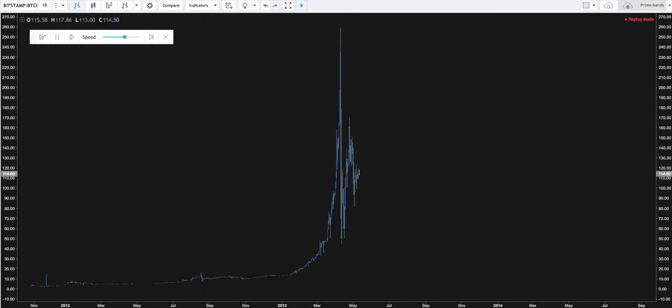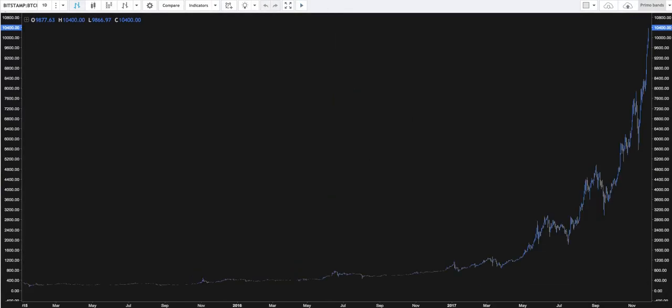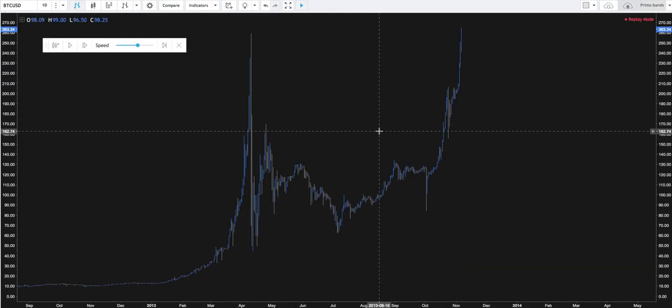Okay, so we're going to go to example number two. Example number two takes us all the way to around November of 2013. Now, what you see here on the left is the first bubble we looked at. This is the rise that I just did on the chart that filled in bar by bar, where it went from $2 up to $260.